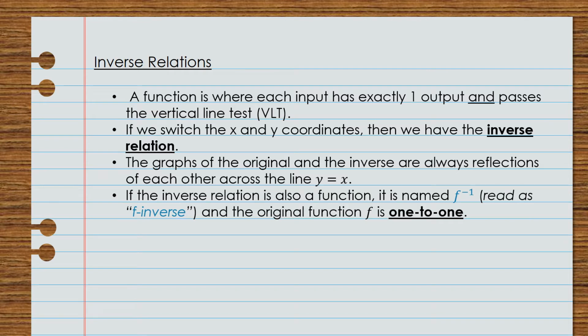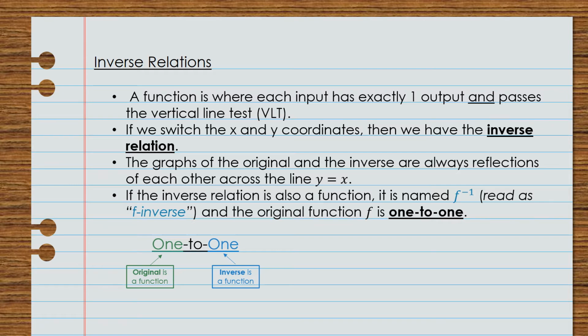If the inverse relation is also a function, it is named f inverse, and the original function f is called 1-to-1. Now, here's what 1-to-1 really means. 1-to-1 means the original is a function and the inverse is a function.